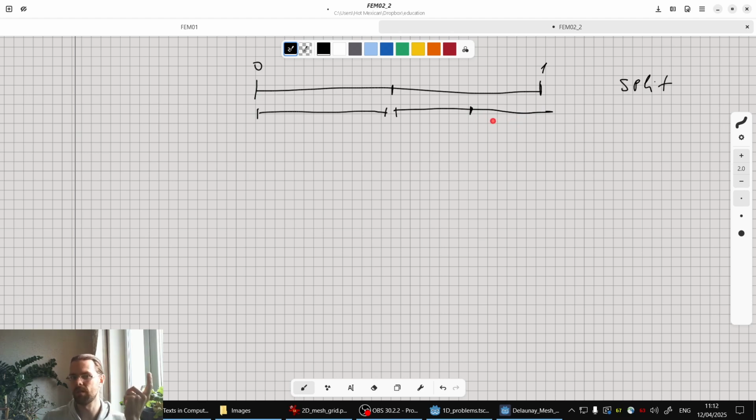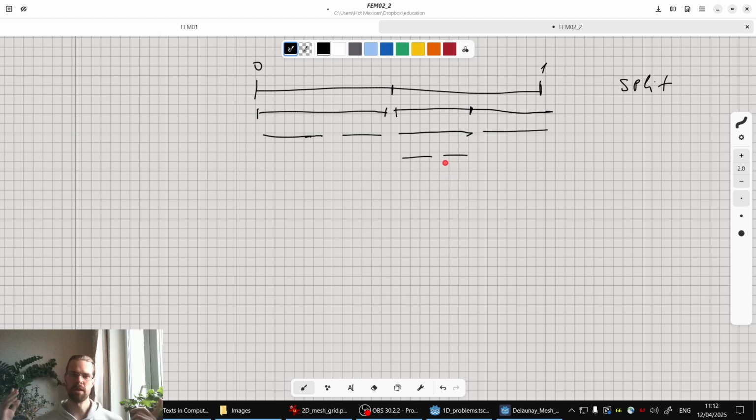Which element is this point part of? And here we will employ an interesting recursive algorithm for searching. Let's first assume that we know which element it is part of, and it did a split. Maybe it also did a split here, whatever, just random.